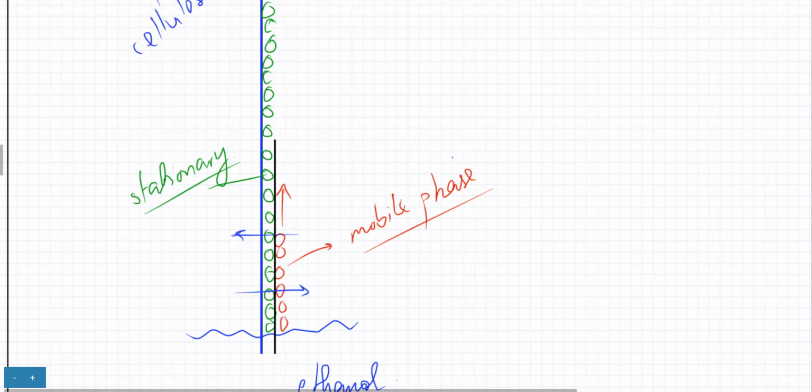Mobile phase के अंदर, and it would start traveling with the mobile phase. So it depends on the dye. It's the difference in solubility of the dye between the stationary phase and mobile phase. That's why separation happens. If it's more soluble in the water layer, it is not moving at all. So it's going to stay stuck there. Otherwise, it's going to move into the mobile phase and it would start moving. Okay? You clear?